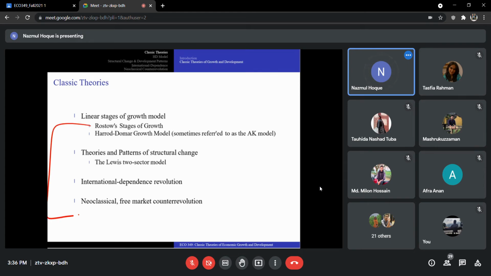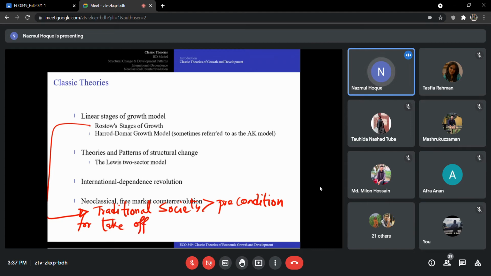So an economy will go through 5 stages of growth. It will transform from a traditional society, from which we'll have the preconditions for takeoff.